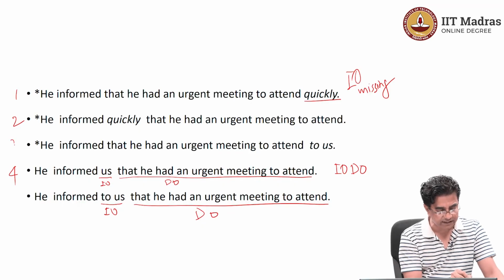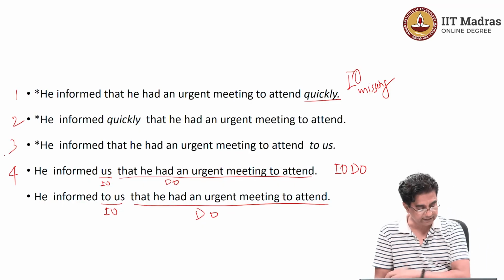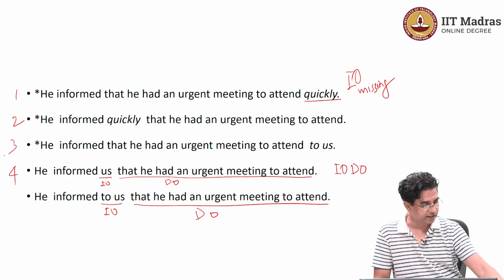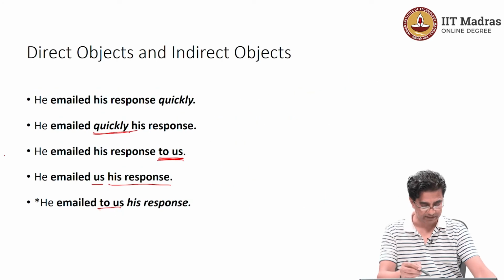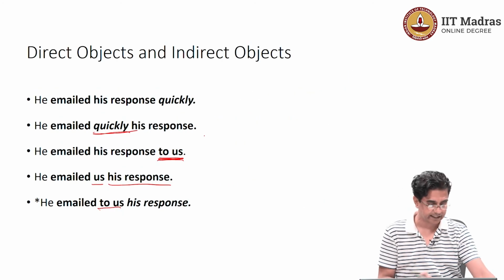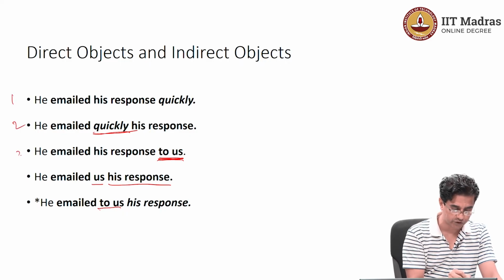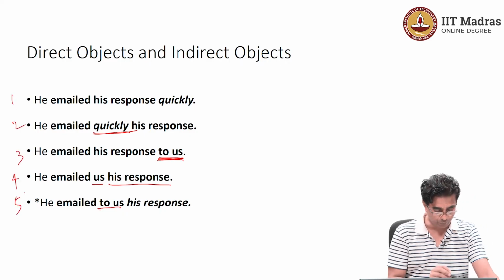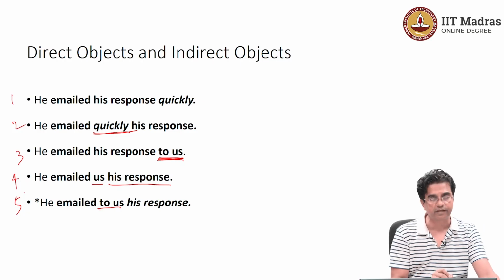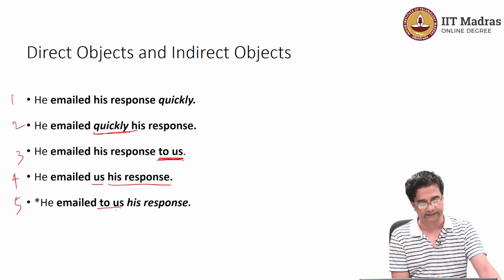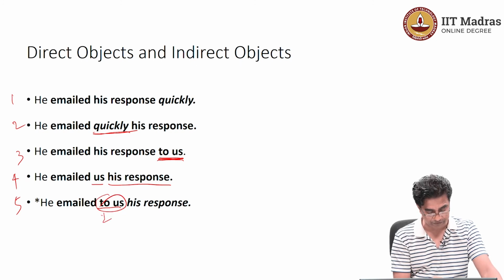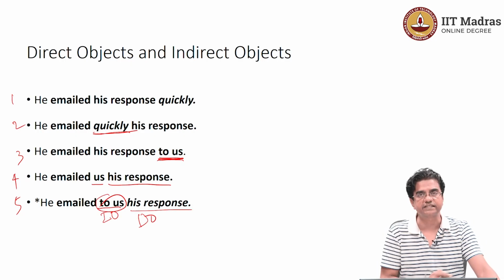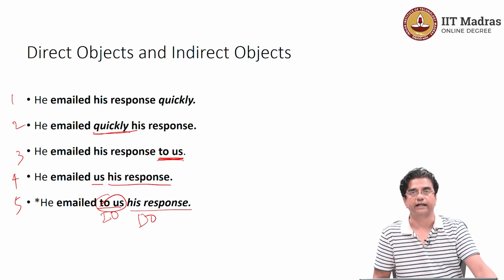So why is number 3 ungrammatical on this slide? And what is the difference between the position of indirect object and direct object between these sentences? 1, 2, 3, 4, 5. Look at number 5. Number 5 was ungrammatical here because to us, an indirect object with a preposition, cannot precede the direct object.